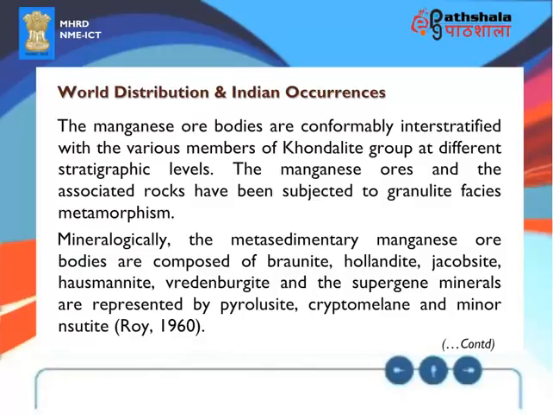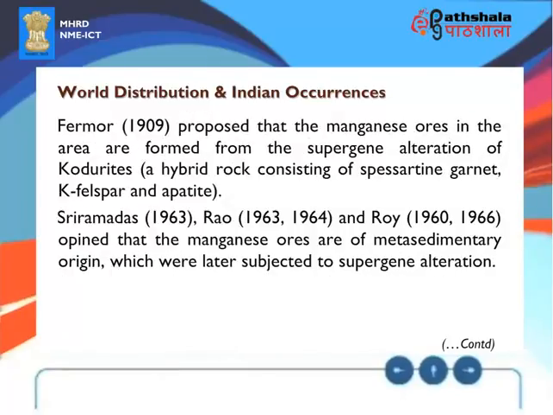Mineralogically, the metasedimentary manganese ore bodies are composed of braunite, hollandite, jacobsite, haussmannite, and friedenbergite, and the supergene minerals are represented by pyrolusite, cryptomelane, and minor ensutite. Fermor, 1909, proposed that the manganese ores in the area are formed from the supergene alteration of kodurites, a hybrid rock consisting of spessartine garnet, K-feldspar, and apatite.